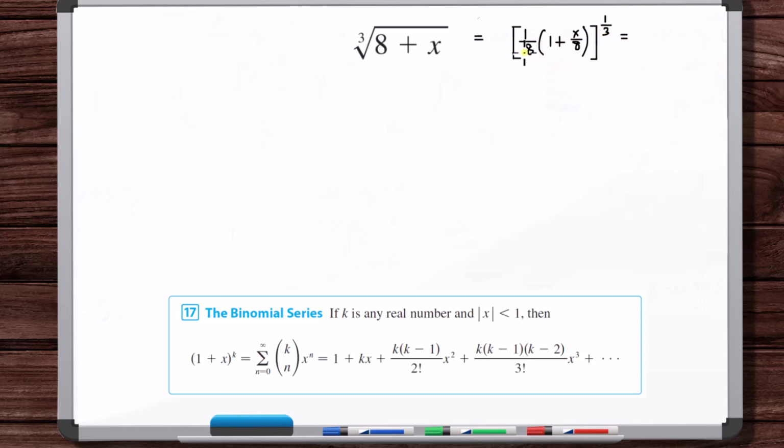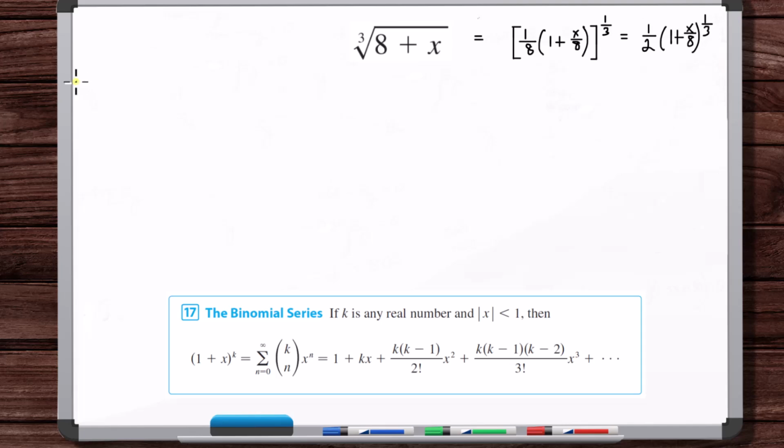Now we can apply this 1/3 power to the 8, so you've got 1/2, and then 1 plus x over 8 to the 1/3. So there you go. We've got the binomial series with a constant 1/2 out front, x equal to x over 8, and k equal to 1/3.